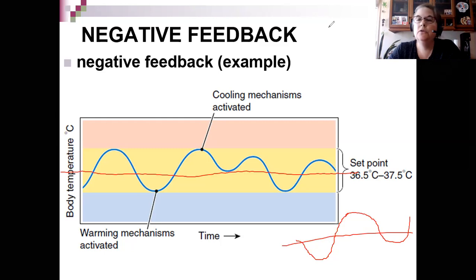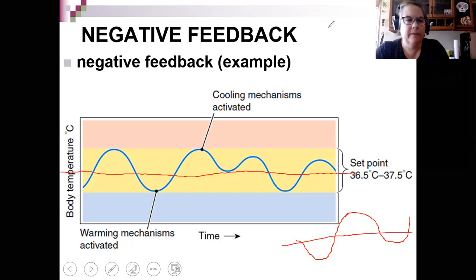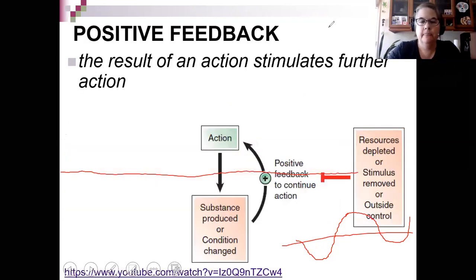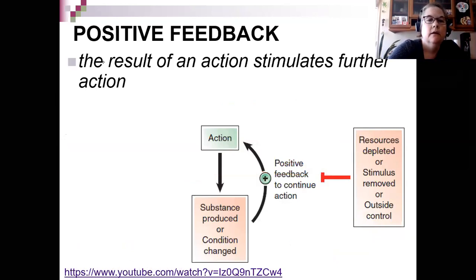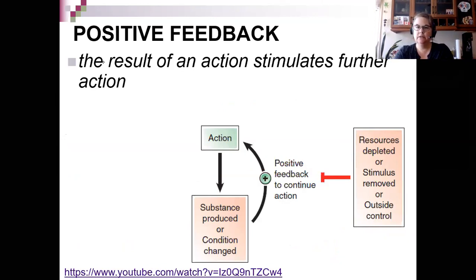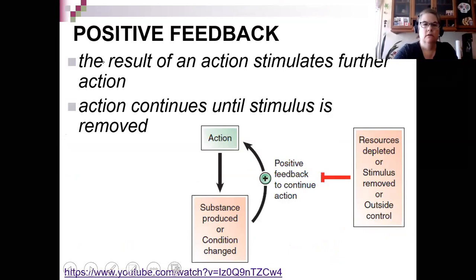All right. So now let's take a look at positive feedback. Positive feedback is a little bit of a different system. Positive feedback is not about maintaining homeostasis. With positive feedback, the result of an action stimulates further action. And then that action will continue until the stimulus is removed.